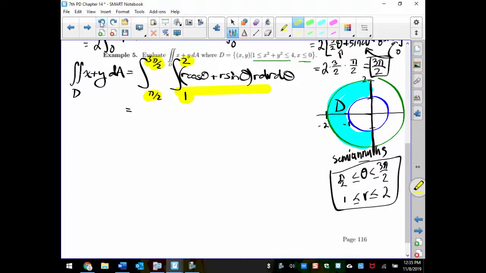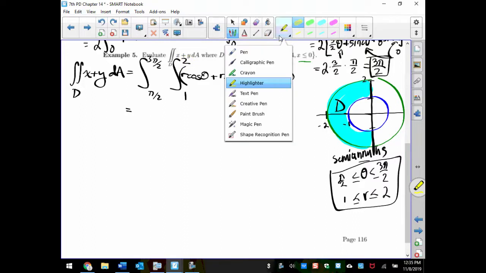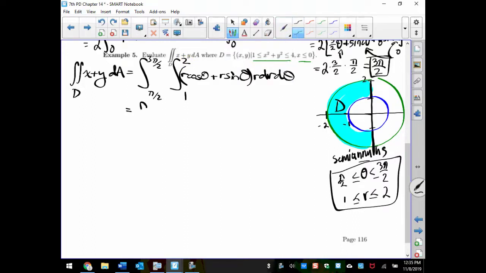What that means is we can factor out everything that is not involved with theta. So this is going to be pi over 2 to 3 pi over 2. Let's just rewrite this. If I factor out the r squared, there's an r here, and these both have an r, then I'm left with cosine theta plus sine theta, and then we have a dr d theta.